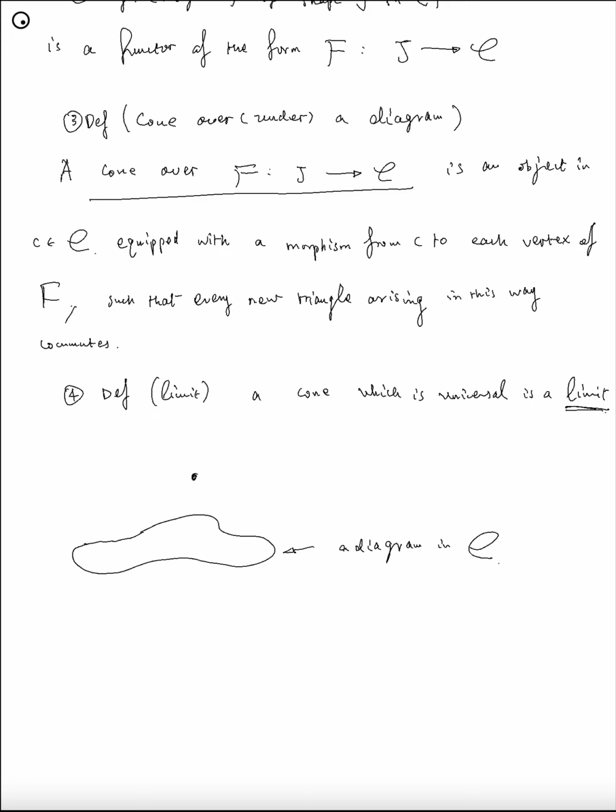As I said, a cone is again an object in C, where you have morphisms to all the vertices of F. So I'm just very abstractly, let me just symbolically write three arrows. There could be many, depends on how your diagram is. And then the universal one is basically, for whatever other cone, it factorizes through it.